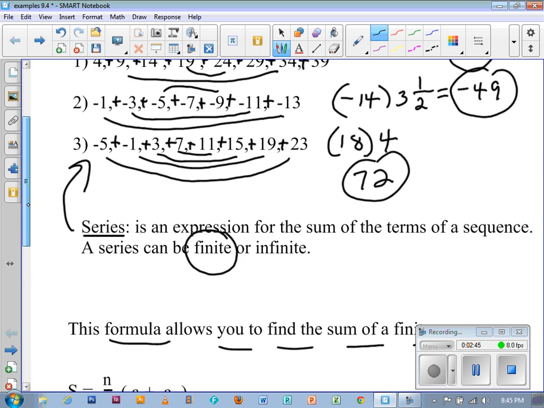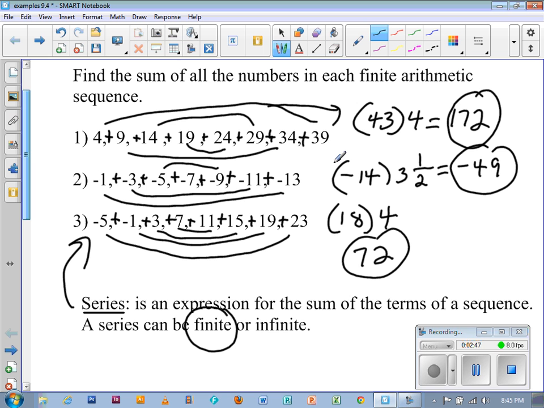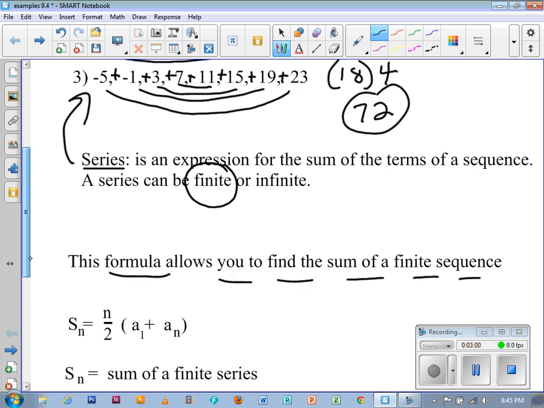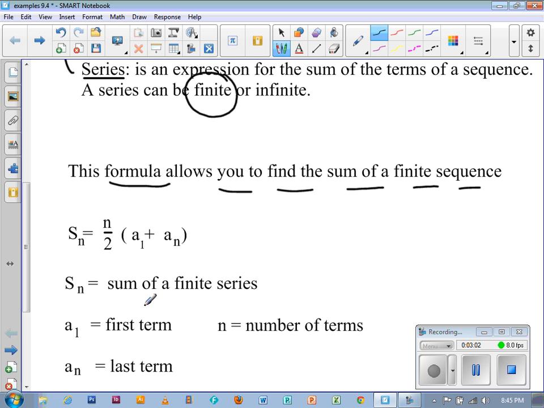In my process of adding all these numbers together, I hope to show you that formula, where all you have to do is pair the first and last terms together, and that will be the same as the second to the last. That's what this formula does. S sub n is the sum of the finite series. A sub 1 is the first term, A sub n is the last term, and n is equal to the number of terms.